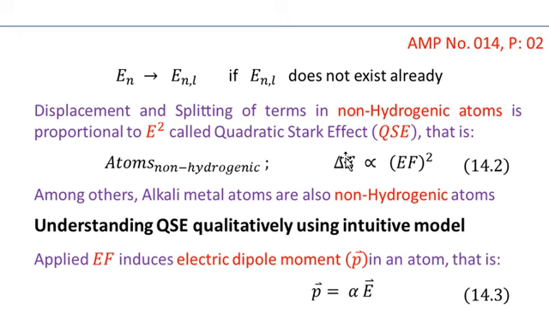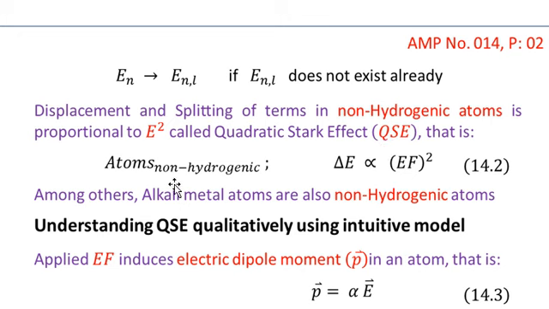For such atoms, when we apply the electric field, the displacement and splitting will be proportional to the square of the applied electric field. Such an effect is referred to as the quadratic Stark effect, abbreviated as QSE.